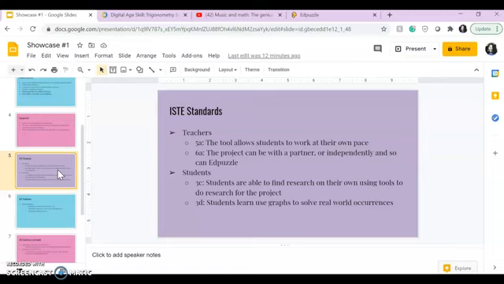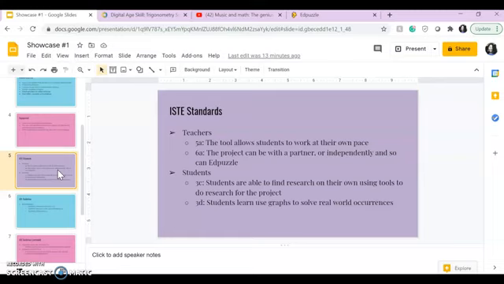For this particular scenario, the tool allows students to be engaged, but the students can move at their own pace. You can work with a partner, or you can pause it. If you don't understand something, you could slow it down. Also, 6A, foster a culture where students take ownership of their learning goals and outcomes in both independent and group settings.